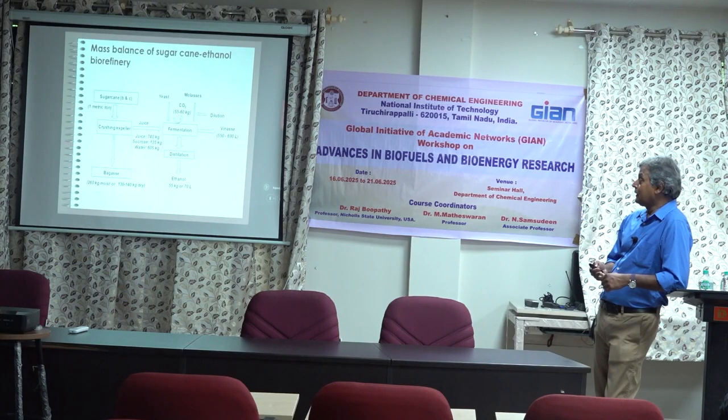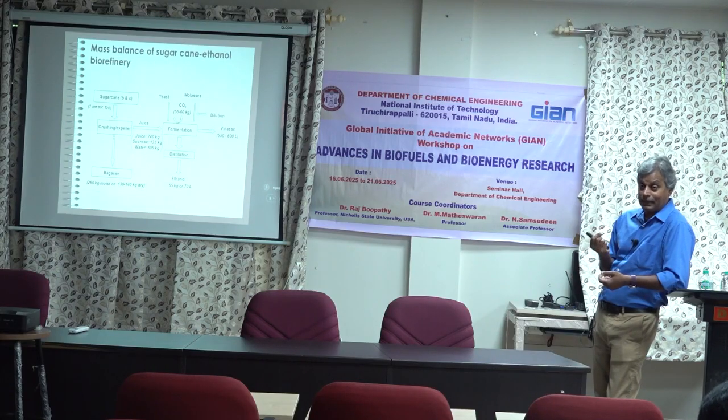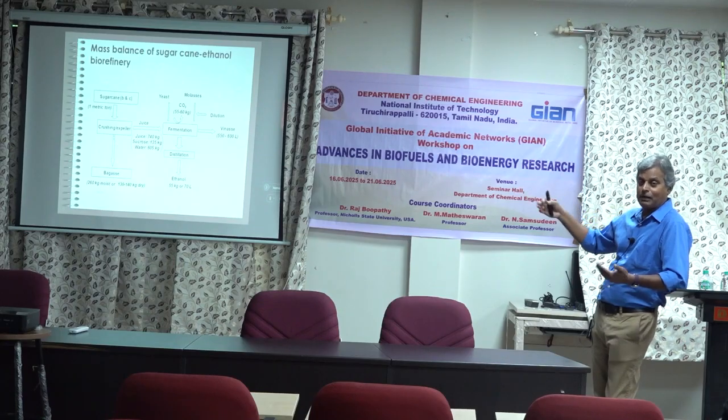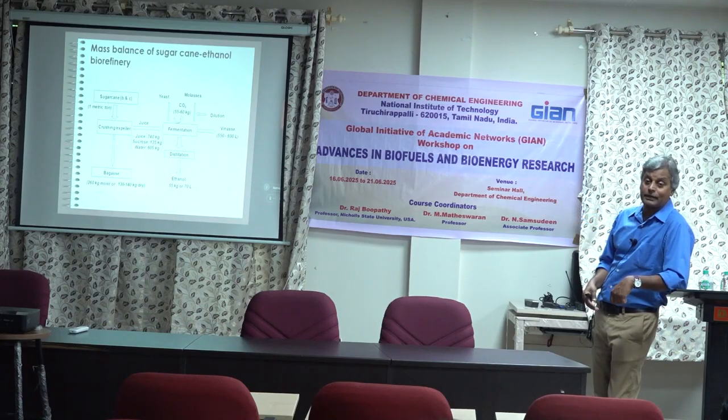And then you do the fermentation, you make 55 to 60 kilograms of carbon dioxide, 550 to 600 liters of vinasse, 260 kilograms of bagasse with moisture, and when you dry them, it's 130 to 140 kilograms of dry matter bagasse. So that's the mass balance. From 1 metric ton of sugarcane, if you put them all together, it should come to 1 metric ton. Okay? That's what you're making.